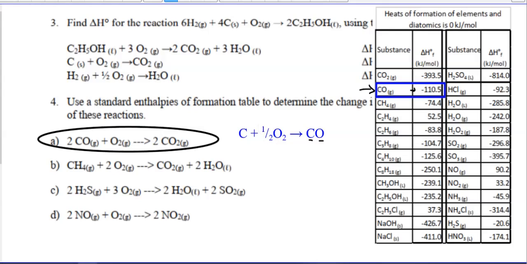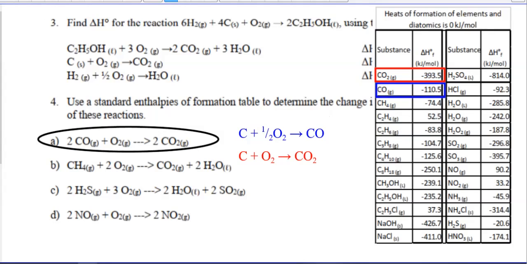Right, and if you don't like that idea at first, then by all means write it out the way you probably would write it out: 2 of this, plus a single mole of this, and then plus 2 carbon monoxides, and that's fine. But if you do it that way, then you're going to have to write out your enthalpy as double this, so negative 221 kilojoules per mole. So I personally find it easier to just not have to do the math here first and just write it out as a single mole of everything. So that's the first equation in your reaction mechanism.